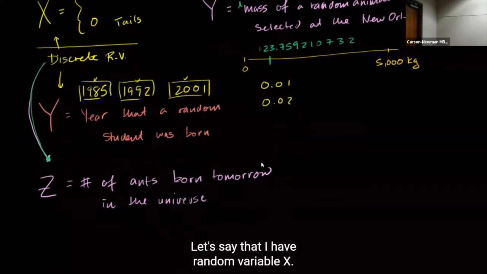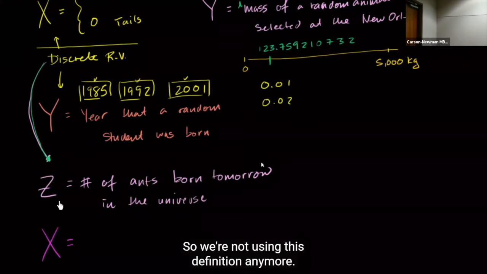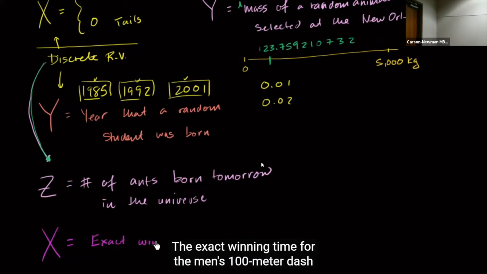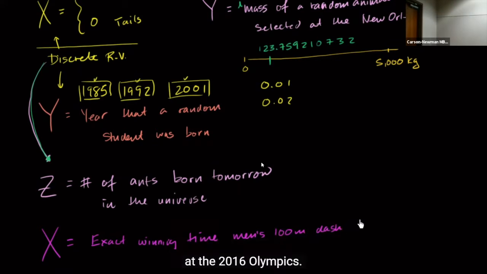Let's say that I have random variable X. So we're not using this definition anymore. Now I'm going to define random variable X to be the exact winning time for the men's 100 meter dash at the 2016 Olympics.